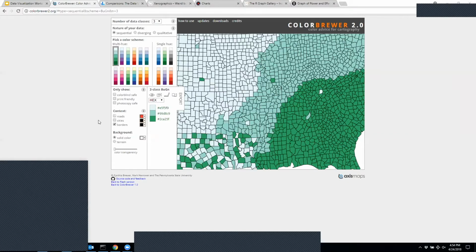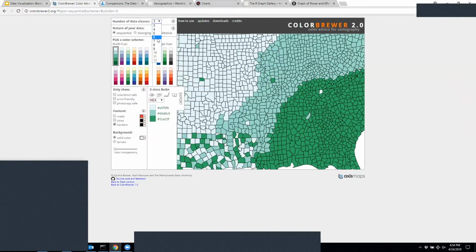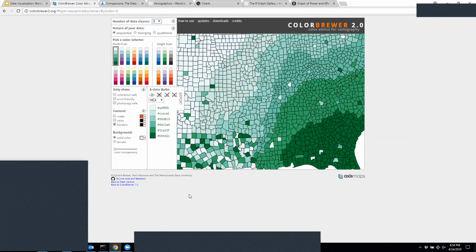For the most part, you can go through and say, I have X number of variables, and I want to see how they look having divergent colors. So I'll say sequential, and I'll say having 6 variations of color, and it'll let you choose. It'll give you the hexadecimal form of each of these, or you can choose the RGB one as well if you need that. It gives you an easy way to have color palettes that are already chosen for us.